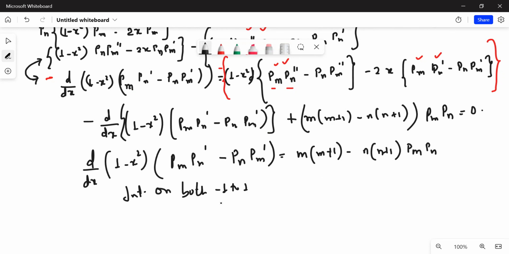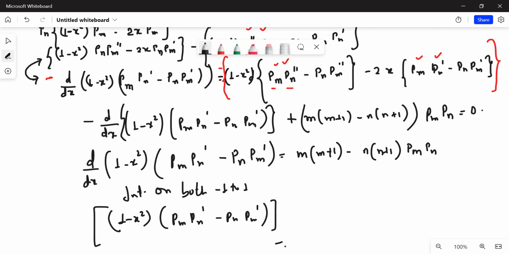And what I'll get, I will simply get 1 minus of x square, okay? And this is pn dash minus pm dash from minus 1 to plus 1, because this is d by dx, and here you take dx, so you'll get simply m into m plus 1 minus n into n plus 1, integral from minus 1 to plus 1.